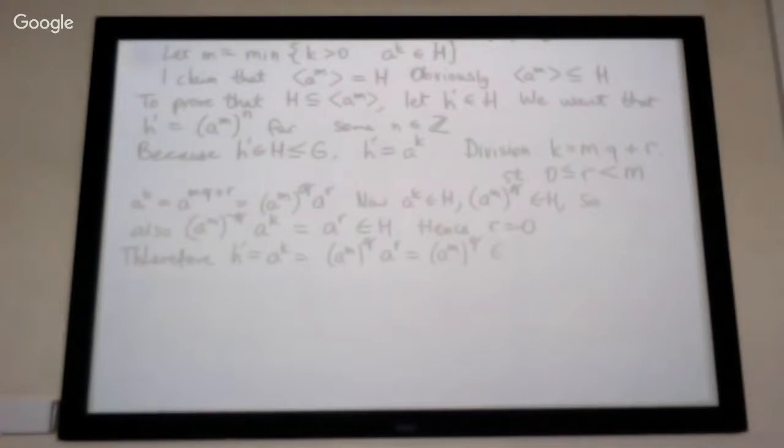And so this is in the subgroup generated by A to the n, and that's the end of the proof.